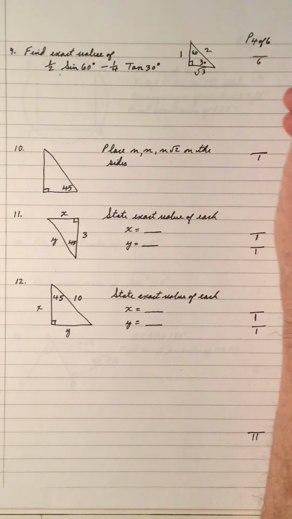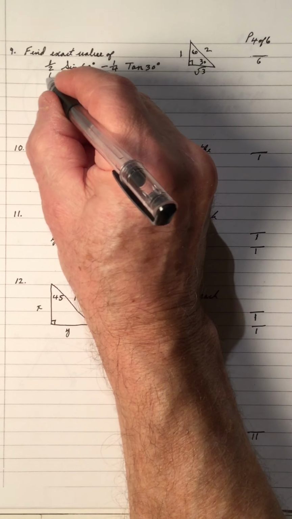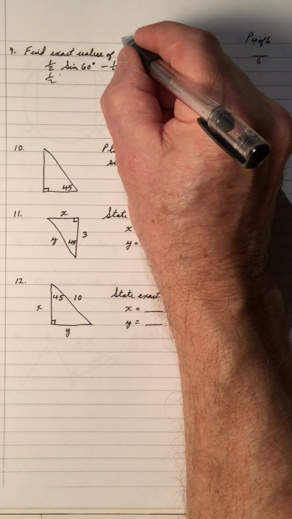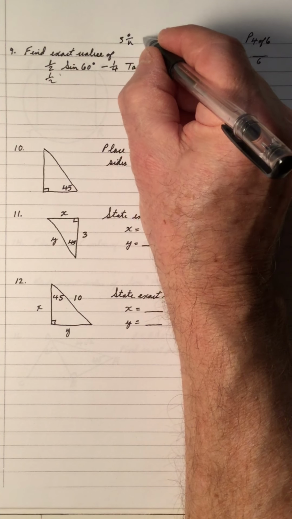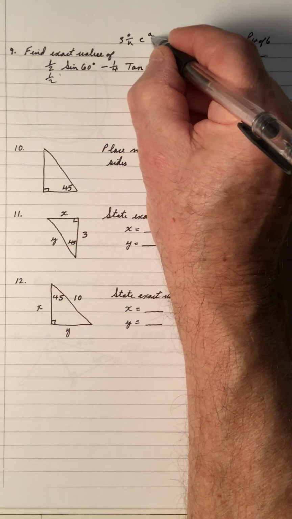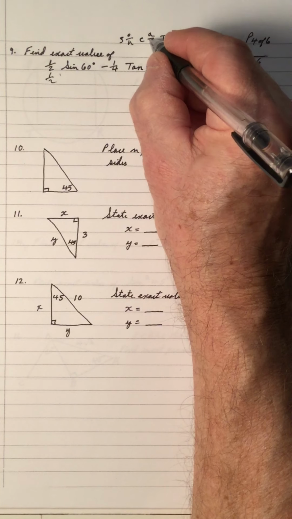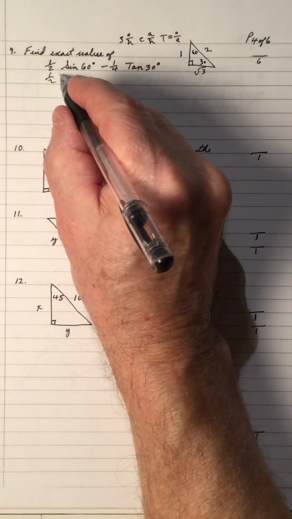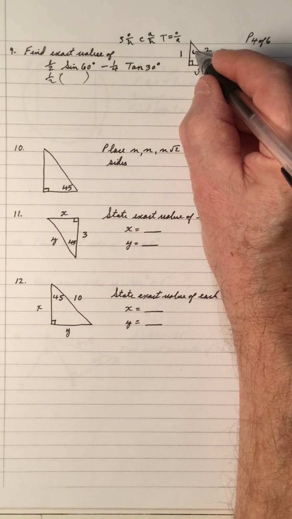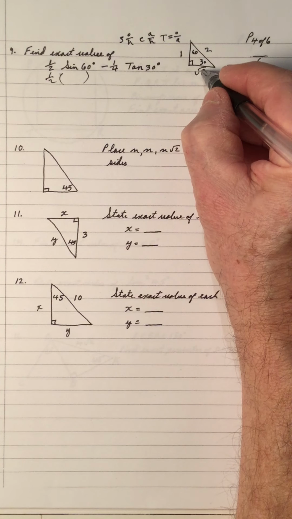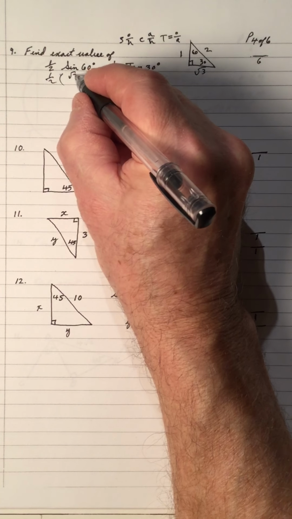Root 3 is between 1 and 2. Anyway, SOHCAHTOA, sine is opposite over hypotenuse, cos is adjacent over hypotenuse, tan is opposite over adjacent. So sine of 60. 60 is here, opposite, root 3 over hypotenuse is 2.